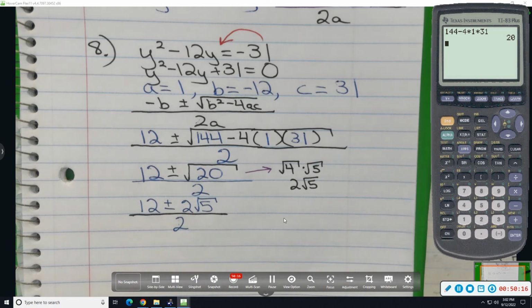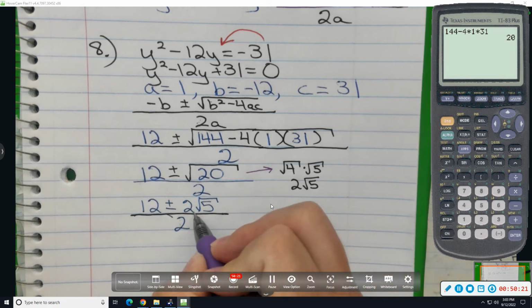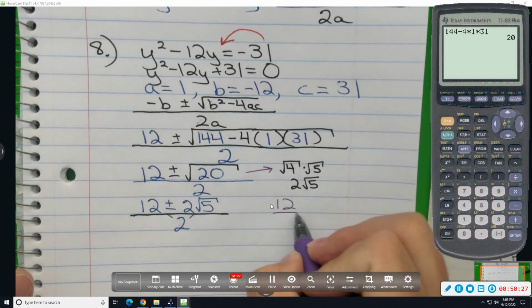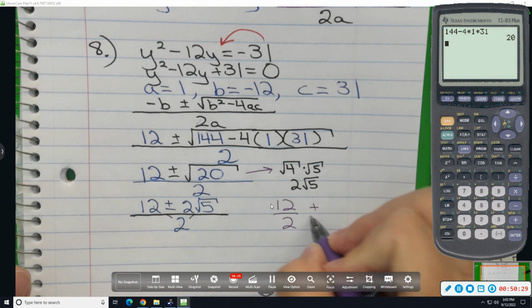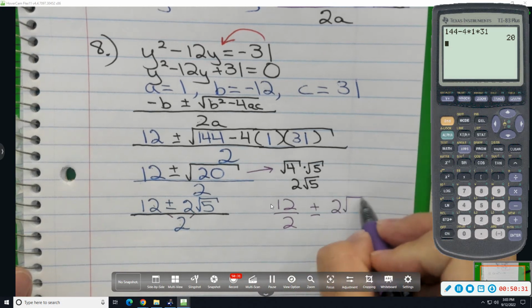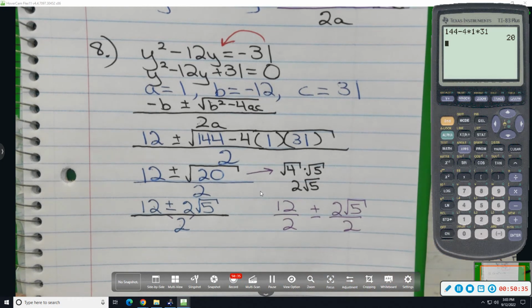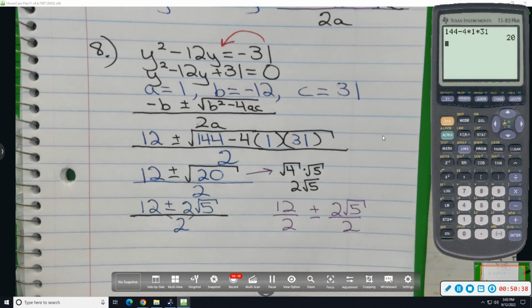Well, I think I'm just going to split these things up there and there. So that would be 12 over 2 plus or minus 2 square roots of 5 over 2. Y'all remember splitting up? This is going to work out really nicely.